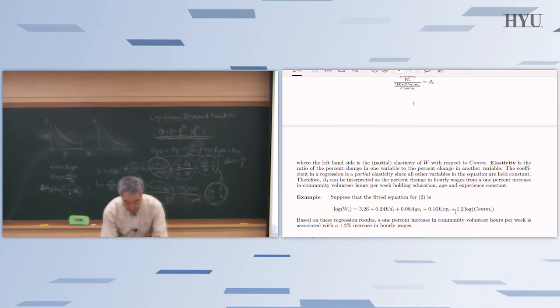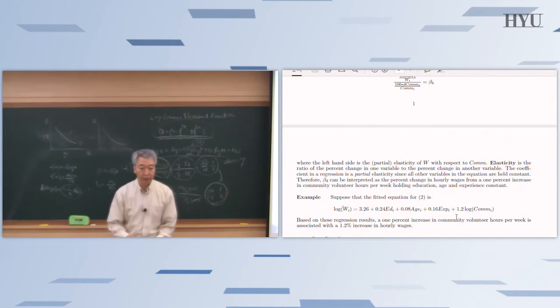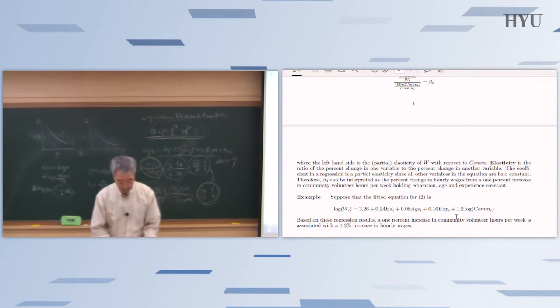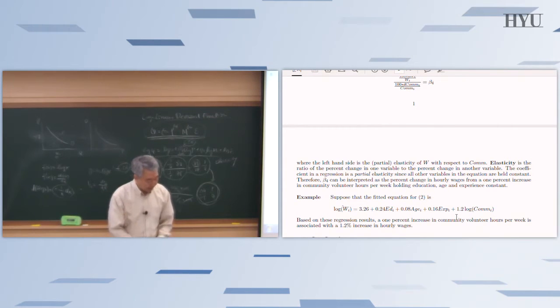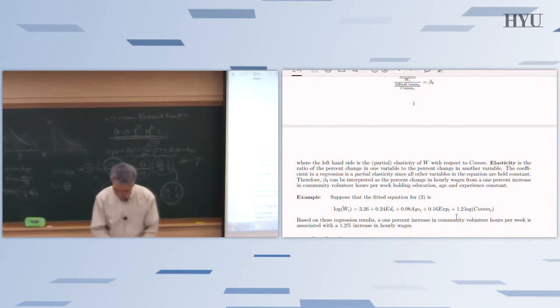That means if this variable, COMM, increases by 1%, your dependent variable wage goes up by 1.2%. Make sure you understand that. So it's the idea of elasticity.